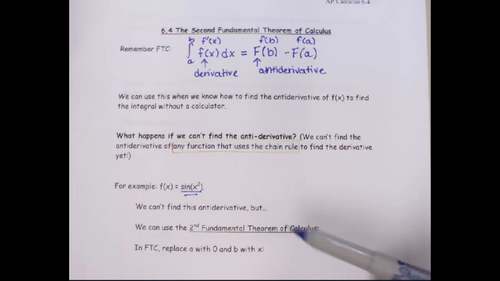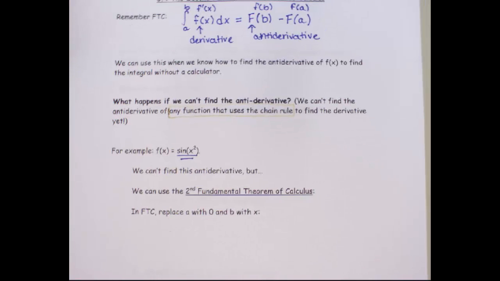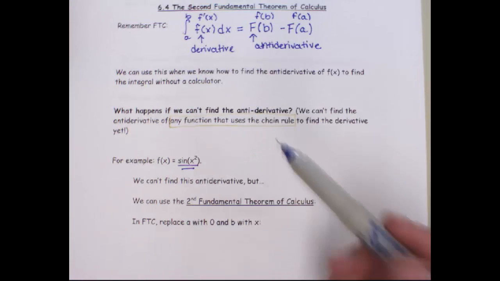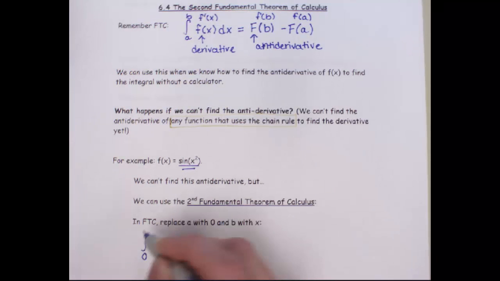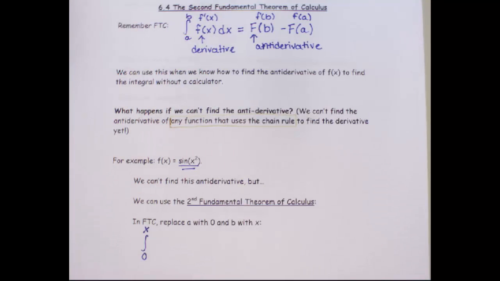But what you can do is use the second fundamental theorem of calculus to represent the antiderivative of sine of x squared. So you're going to use the original FTC, but you're going to replace the a on the bottom with a 0 and the b on the top with an x. And then because we're using an x up top here, we have to use a different variable inside the function.